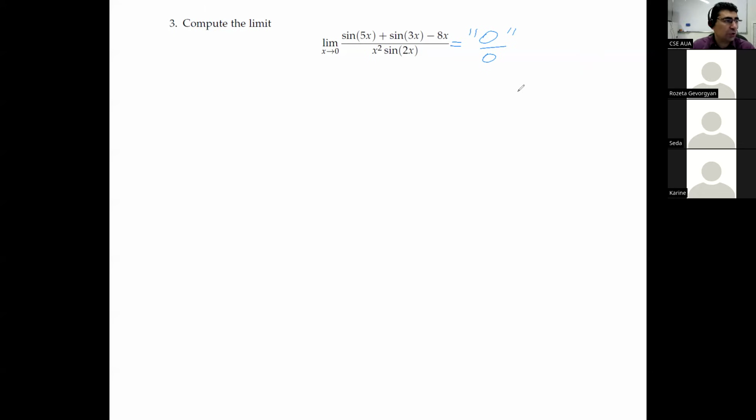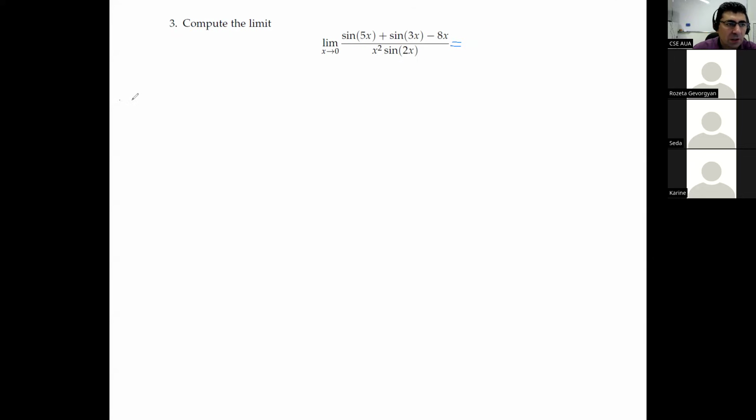So we have two options. From the beginning, apply L'Hopital rule, which is fine, but sometimes applying some useful limits can help us with the calculations. In particular, we have here sine 2x factor. What if this sine 2x, we just multiply and divide by 2x, then later on we'll use that useful limit.